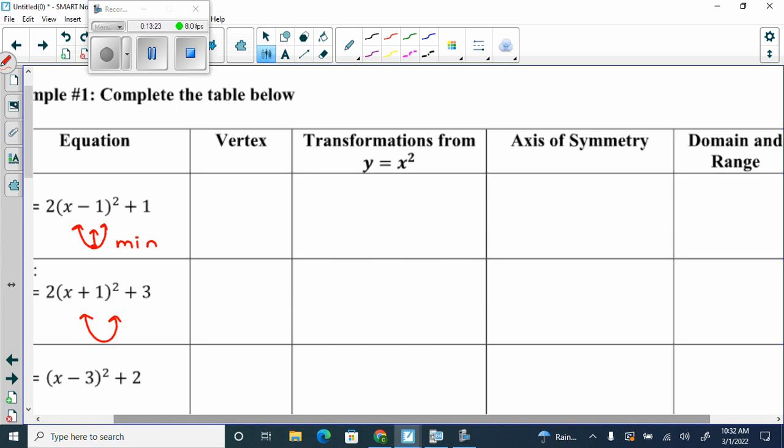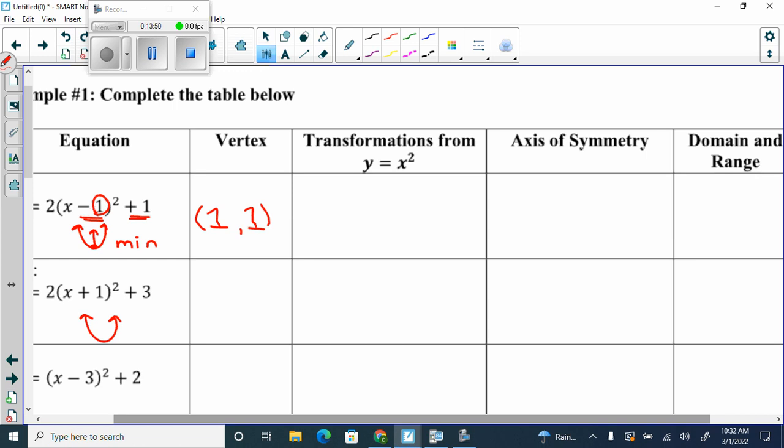Okay, what's the vertex of this equation? What's my x going to be? If it's x minus 1, it's actually going to be plus 1. And this one's a plus 1, so it's going to be plus 1. So we always do the opposite of this, same as this. Opposite of the x, same as the y, and that's because this is x minus p.